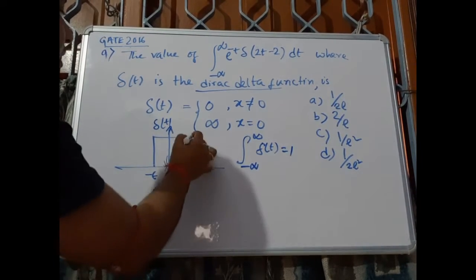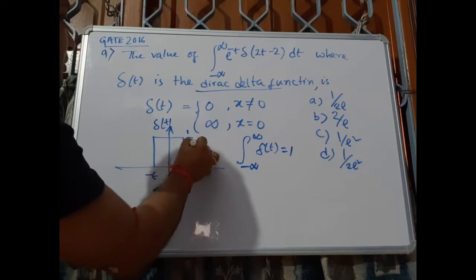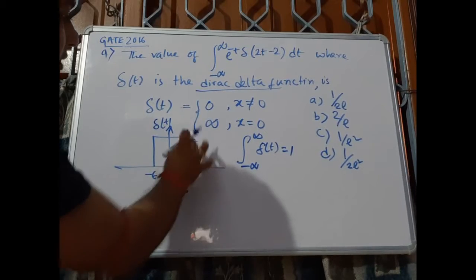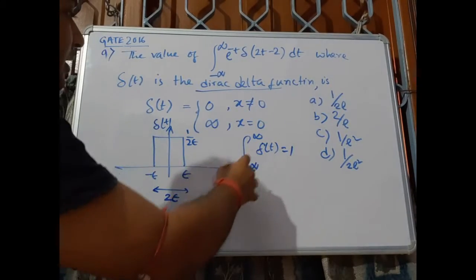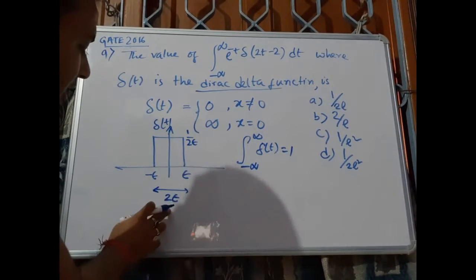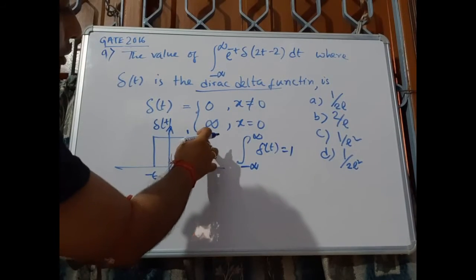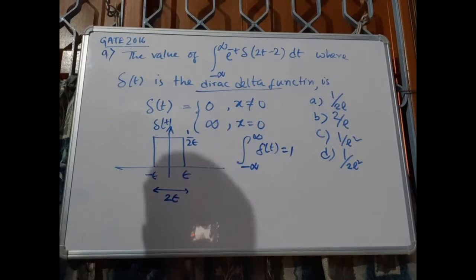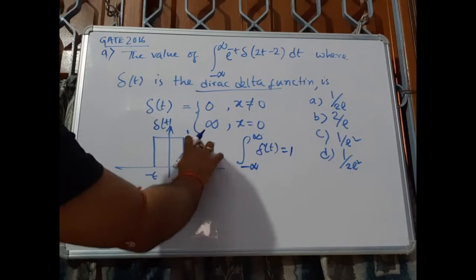What will be the height? Height is 1 by twice epsilon, because width into height is the area enclosed by the delta function. So twice epsilon into 1 by twice epsilon is equal to 1.